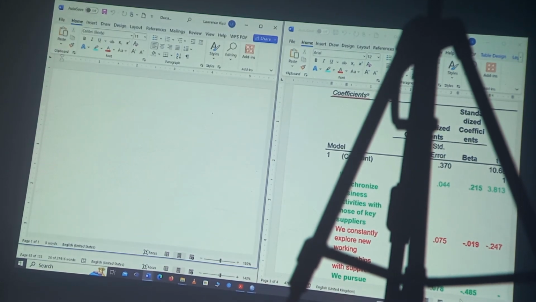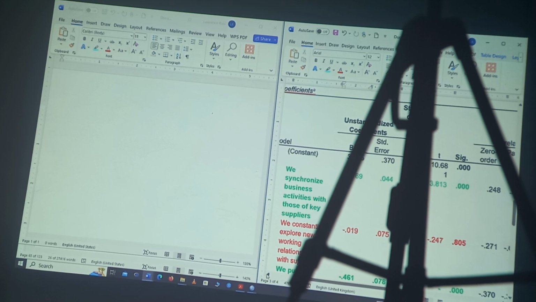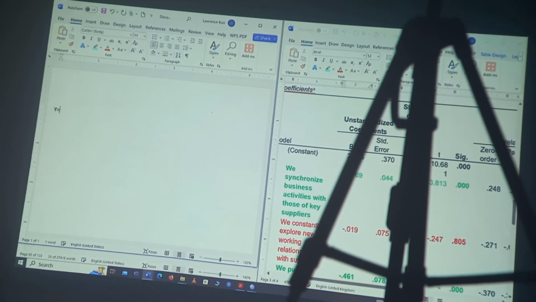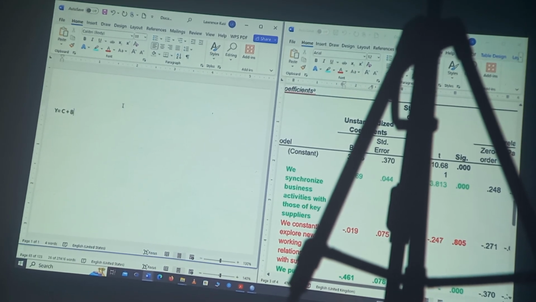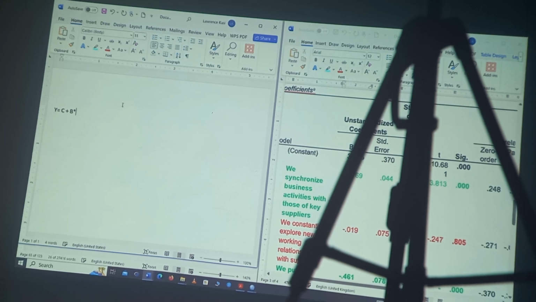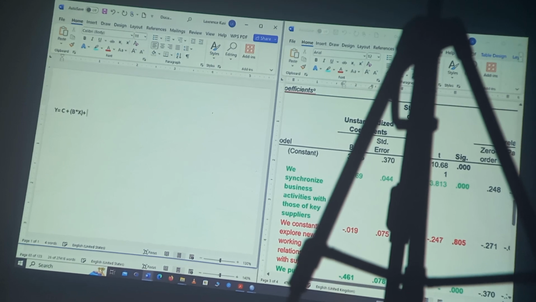At the end of it all, remember the regression function: Y is equal to constant plus beta times X, plus the error term. Yes, good.